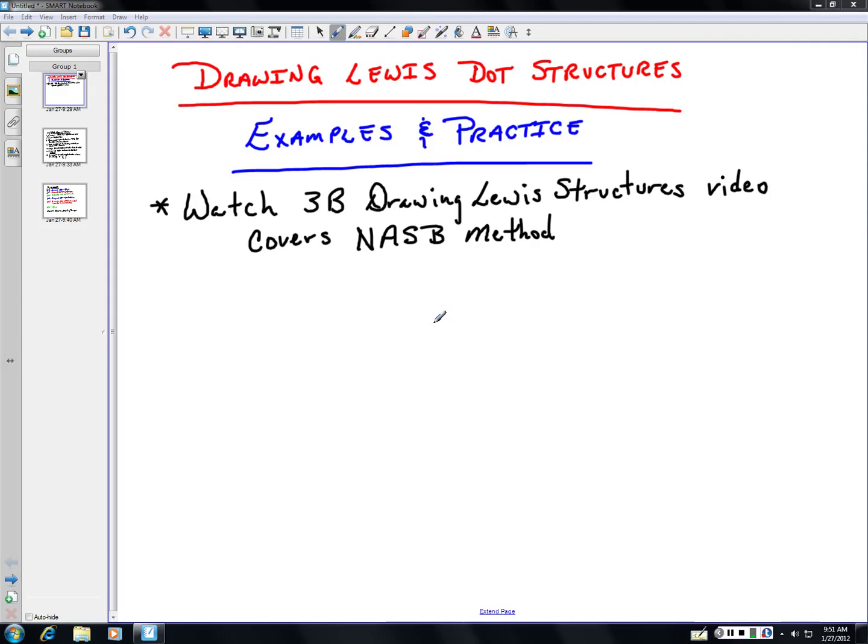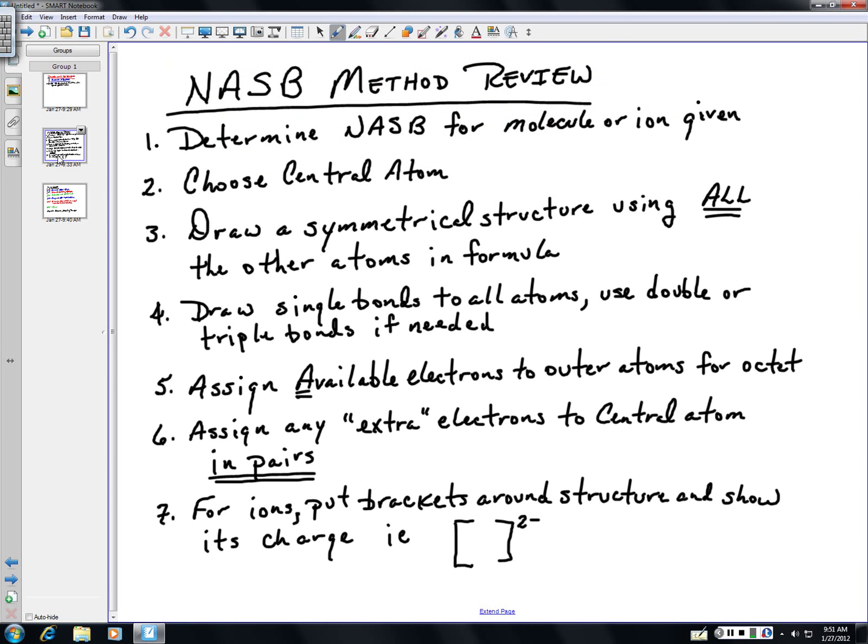So before we launch out into those, I do want to go ahead and pull up the next slide. We're going to quickly review the NASB method. Now, this is not a detailed review. This assumes that you've looked at video 3B before you've done this.